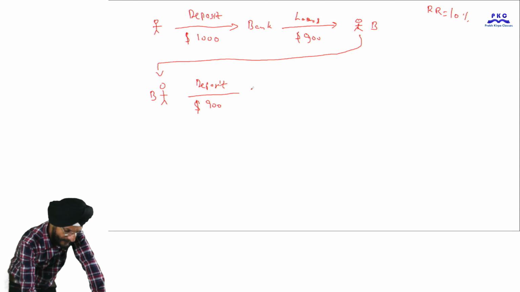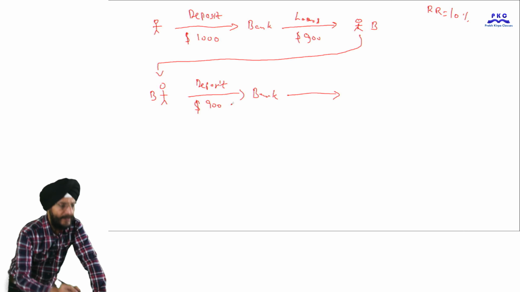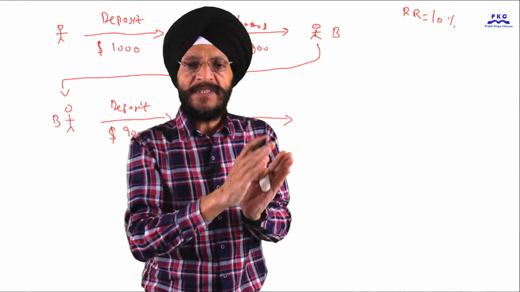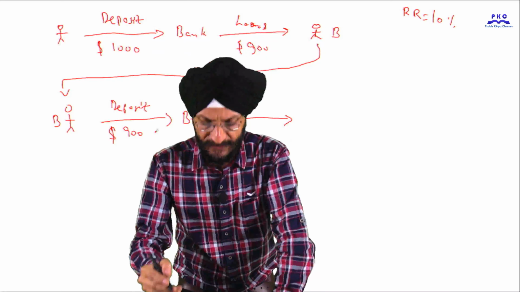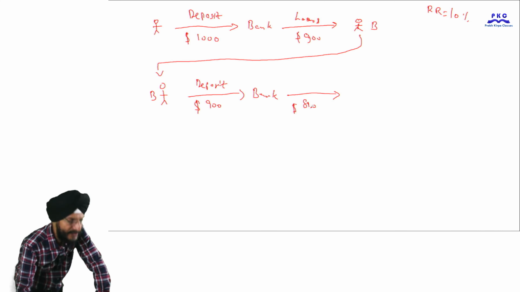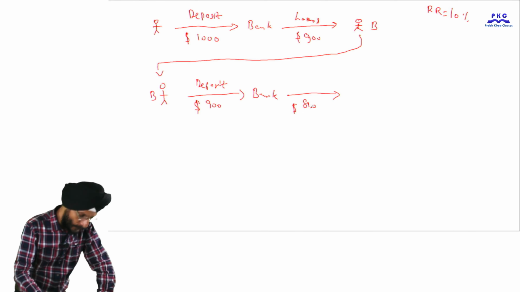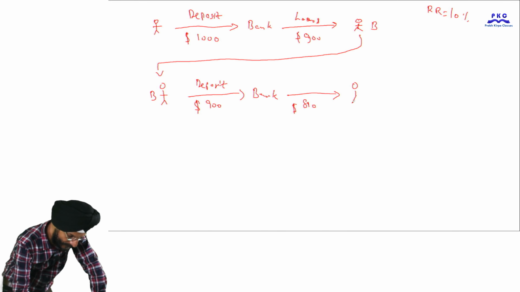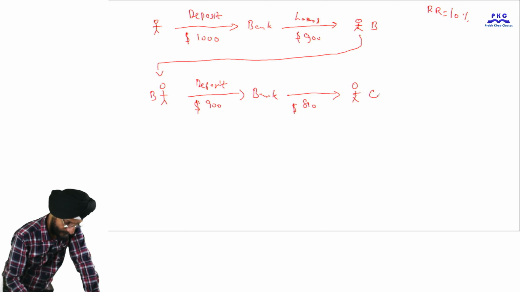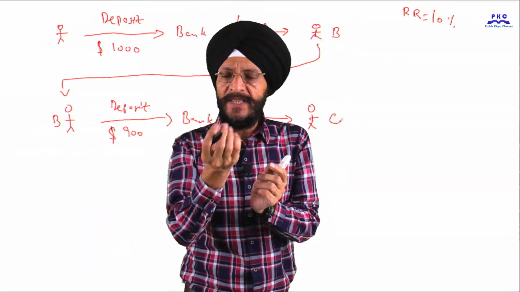So now the bank will again use that deposit to give a loan. Here again, the bank will keep aside 10% as reserves. So now the bank will be in a position to advance a loan of $810 to another person C. As already told, banks do not give money in cash.